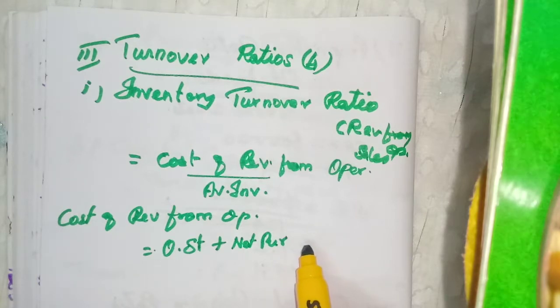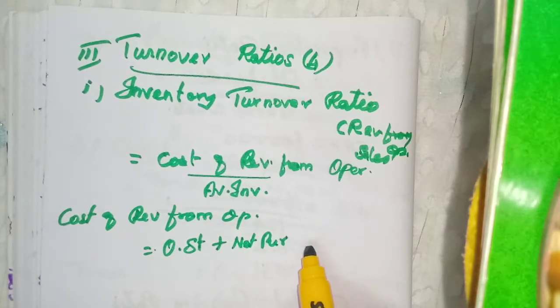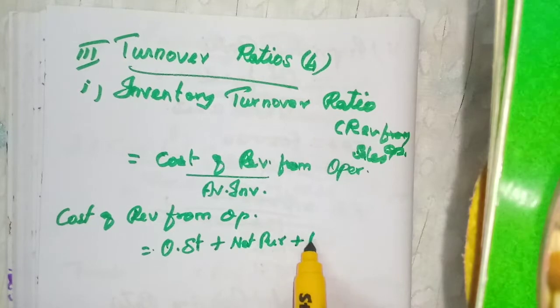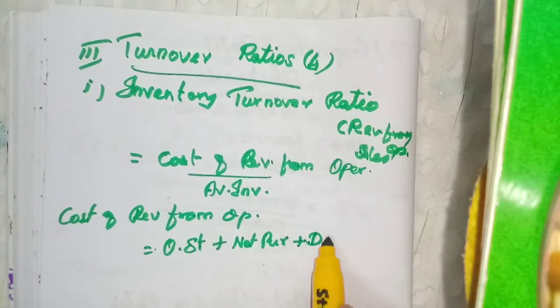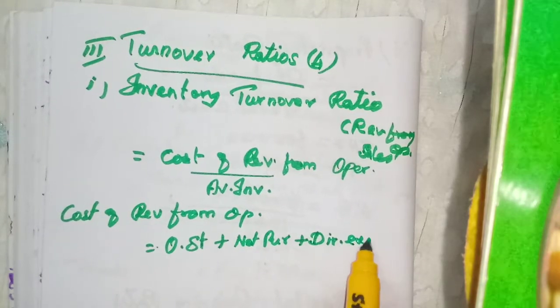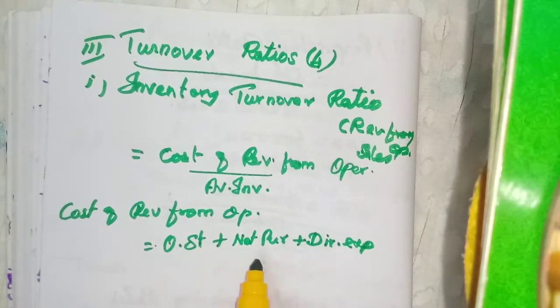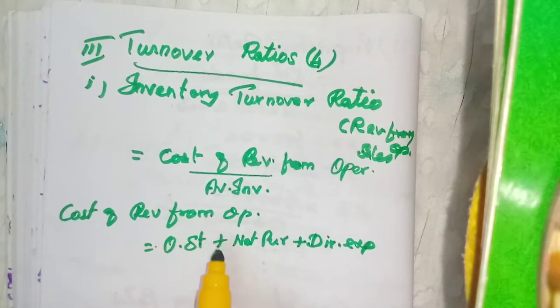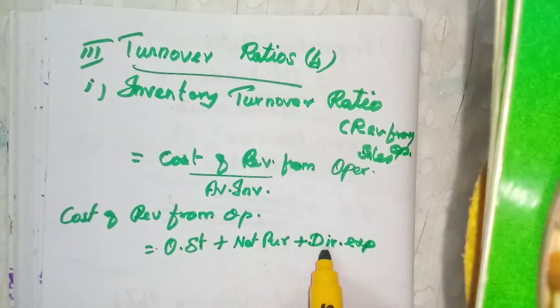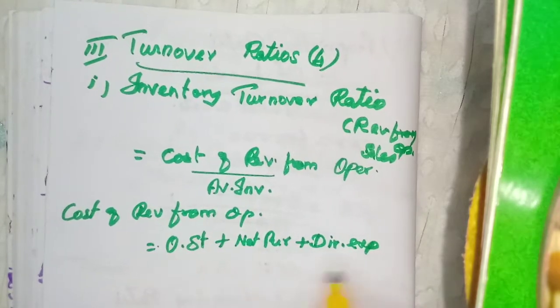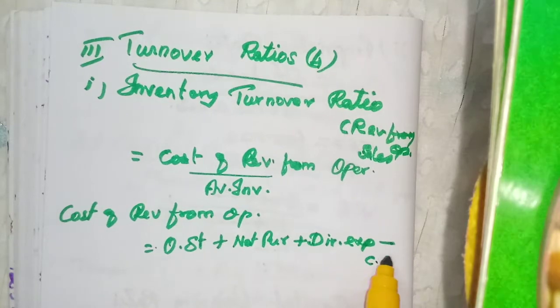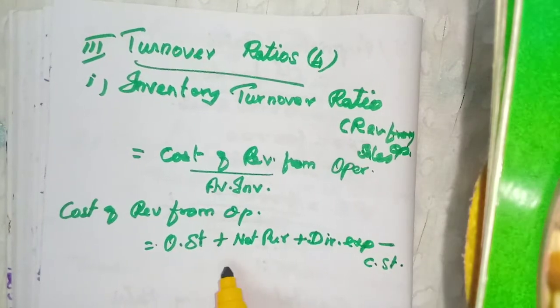Then we should add the direct expenses. This we used to calculate in the trading account, isn't it? Then we can deduct the closing stock. Closing stock means closing inventory.